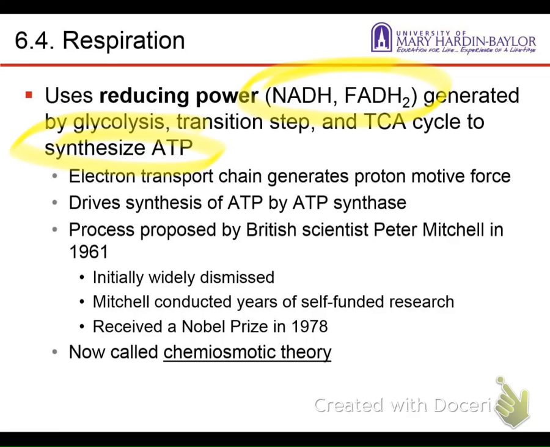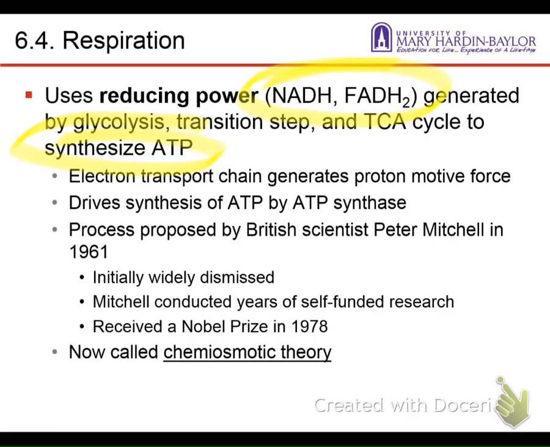Why are those molecules called reducing power? They're the products of redox reactions, and are they the reductant, or are they being reduced, or are they being oxidized in those initial redox reactions that they're products from? They're being reduced, and these are the reduced form.